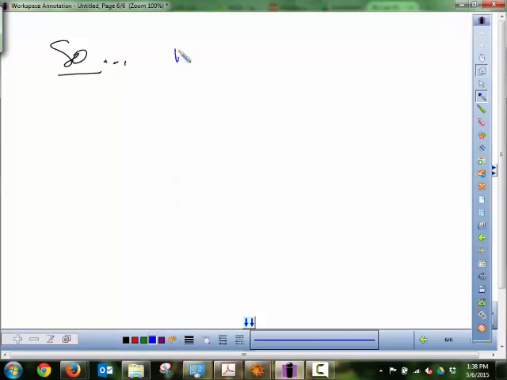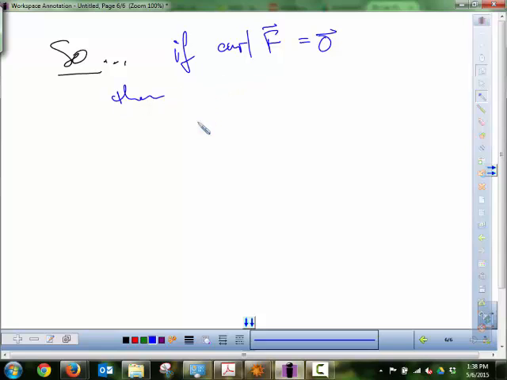So if curl of F is equal to 0, then F is conservative, F is a gradient field, the integral of F is path independent. Yeah, there's a whole list of that, remember? Let's bring out that list again.